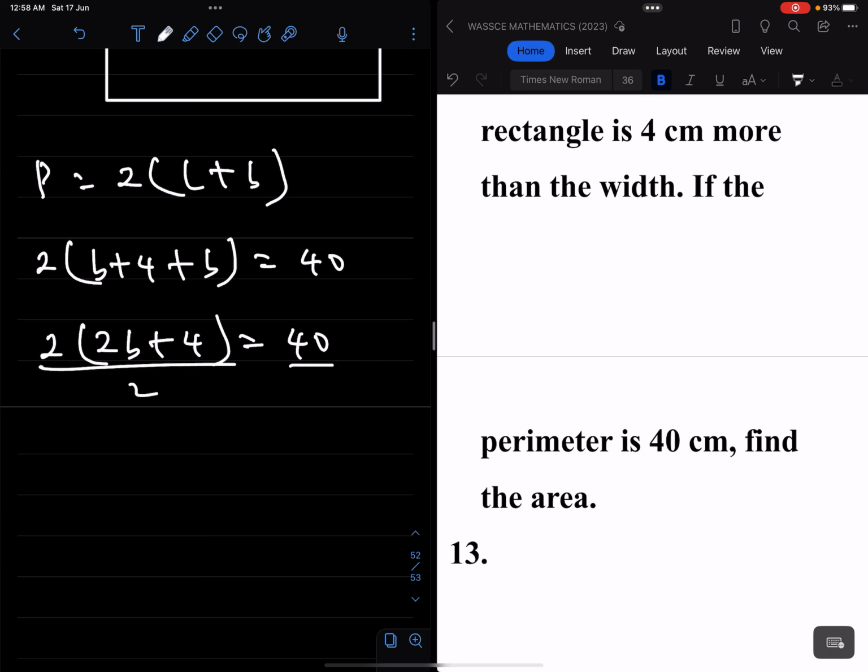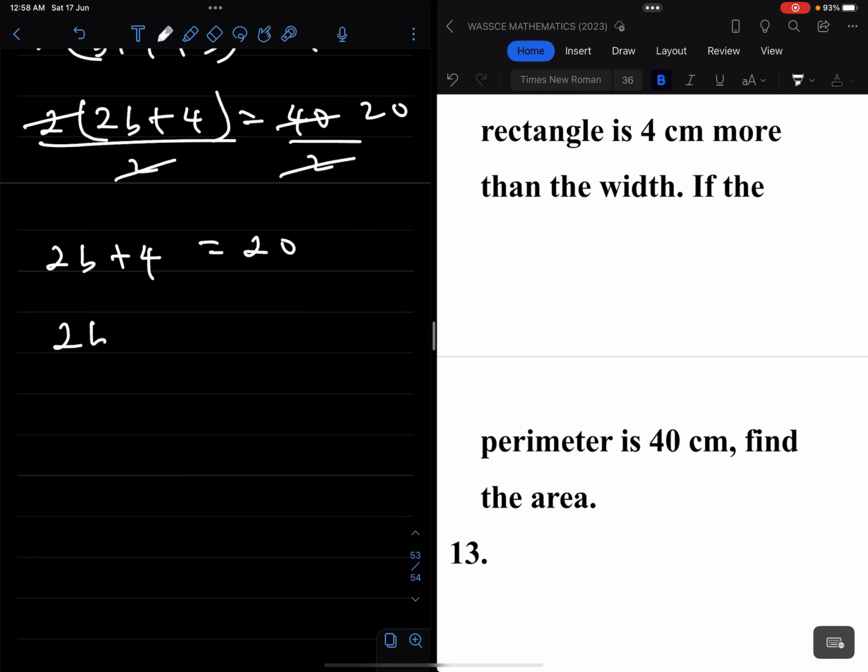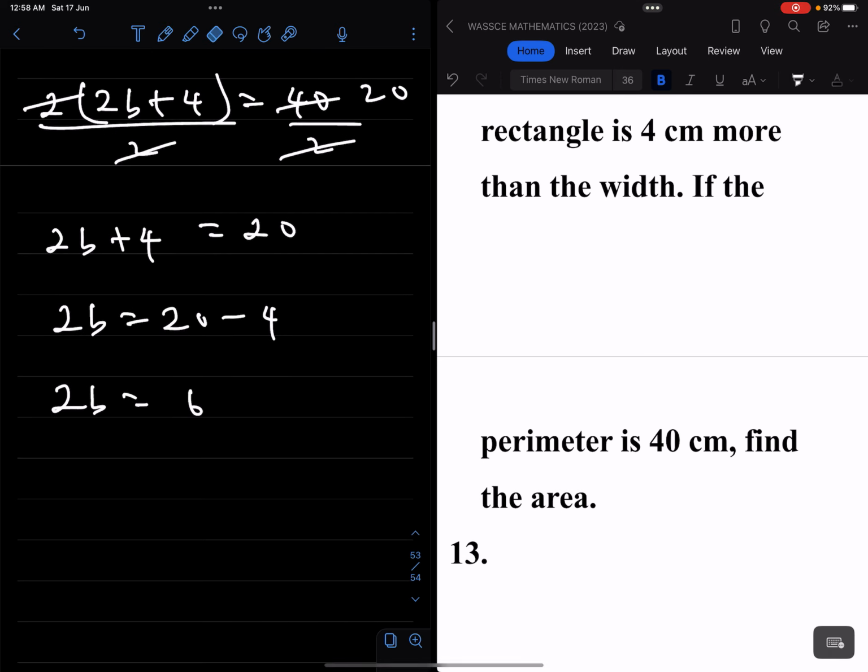I can divide both sides by 2, which simply means 2b plus 4 equals 20, and that simply means 2b equals 20 minus 4, which means 2b equals 16, and that means b equals 8.